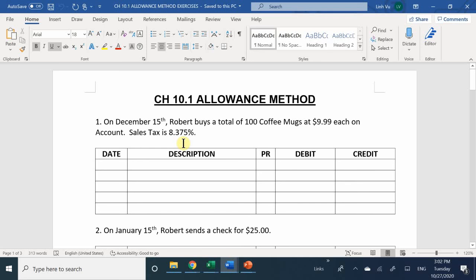So here you go. On December 15, Robert buys a total of 100 coffee mugs for $9.99 each on account. Sales tax is 8.375%. This one I updated the tax. So how am I going to journalize this transaction?